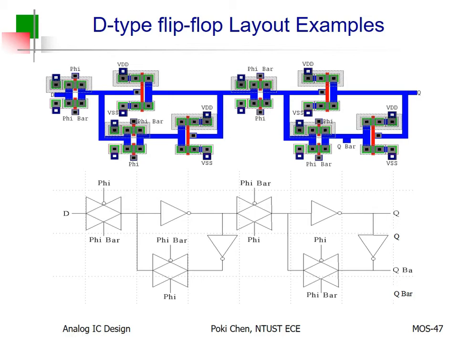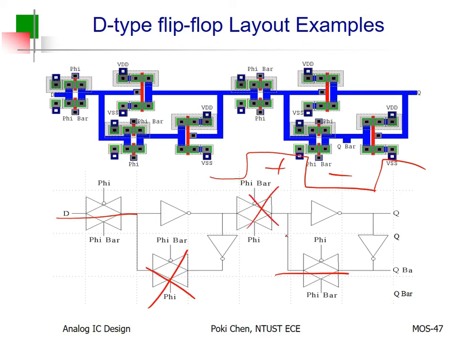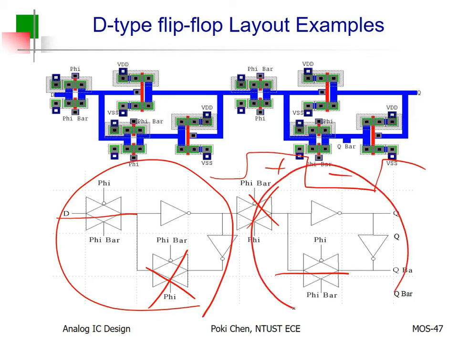So we have positive cycle and negative. For the reference clock, we have positive and negative cycle. For positive cycle, it turns on here, and it means you are off there. That is the master and that is the slave.